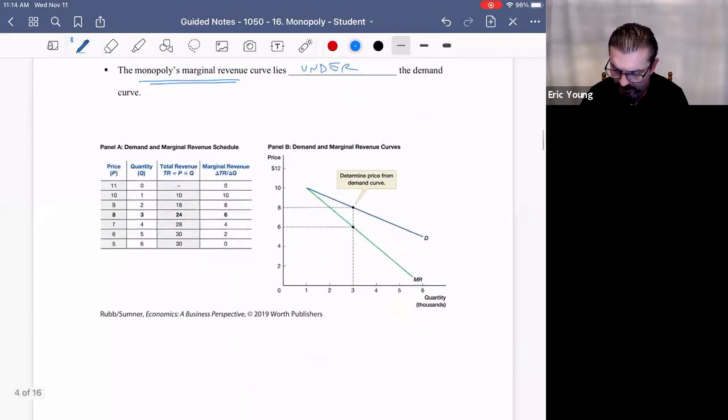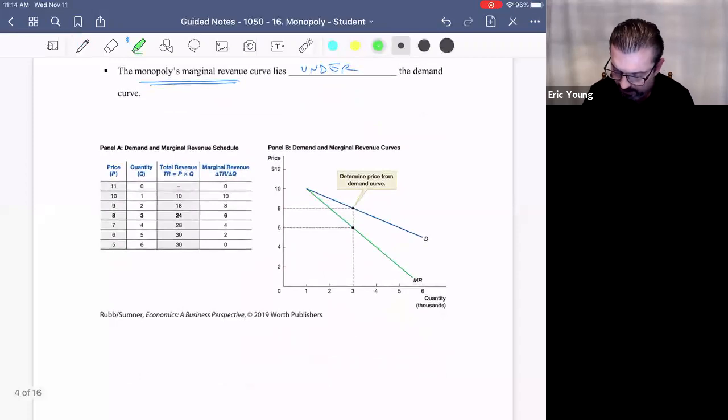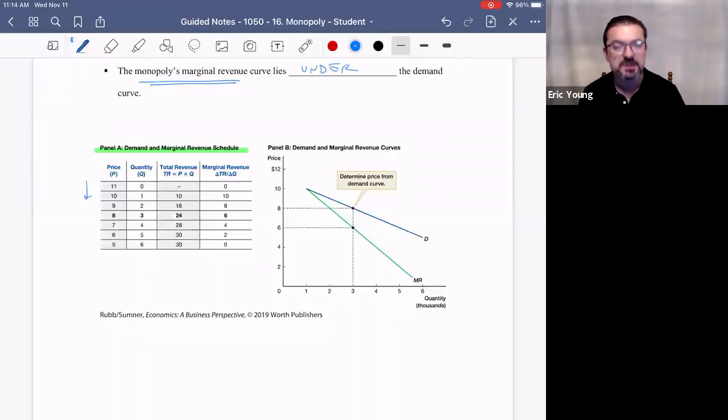You see a little example here. I give you in panel A some demand and marginal revenue data. You can see here that as P goes down, the quantity demanded goes up. So we have a regular demand schedule and some simple number crunching. And I put some practice questions on this in Brightspace for you.